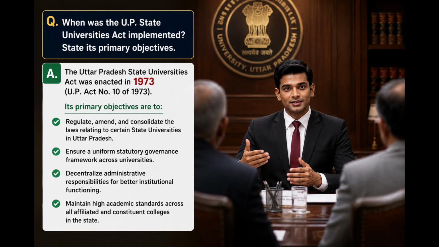Its primary objectives are to regulate, amend, and consolidate the laws relating to certain state universities in Uttar Pradesh. It ensures a uniform statutory governance framework, decentralizes administrative responsibilities, and maintains high academic standards across all affiliated and constituent colleges in the state.